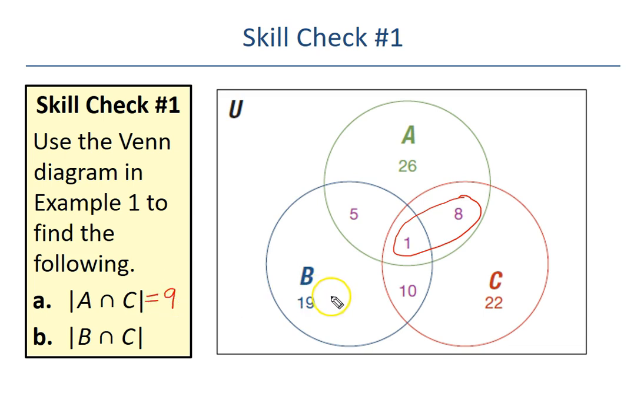Now, the intersection of B and C, that would be 11. And again, it can be a little tricky.